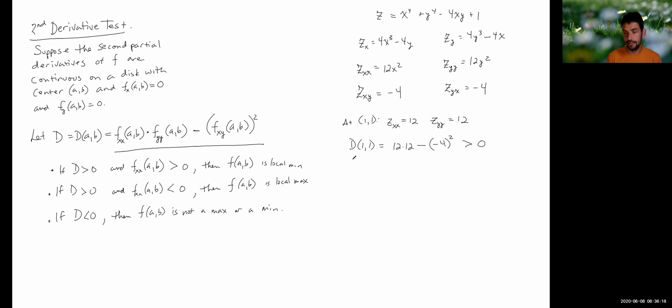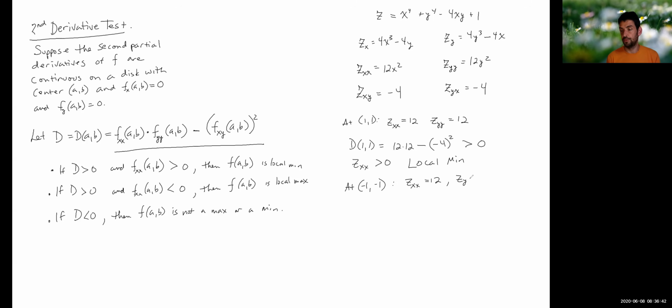And this derivative at this point is positive, so we have a local min, which we already determined visually. We get the same thing at (-1, -1). Notice everything's going to work out the same because this derivative is squared.